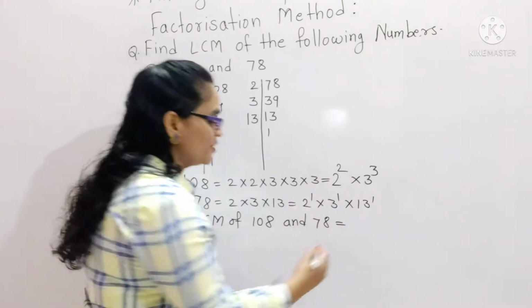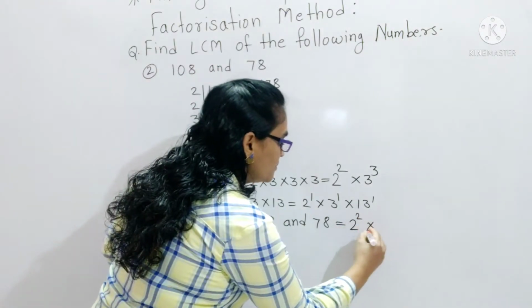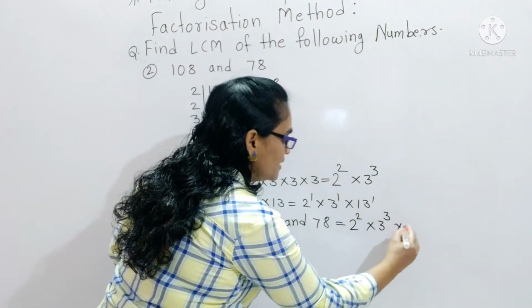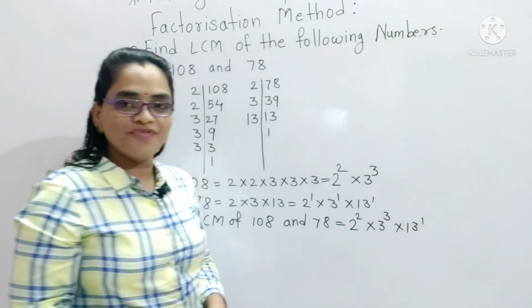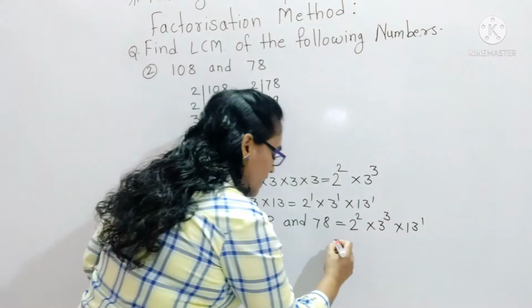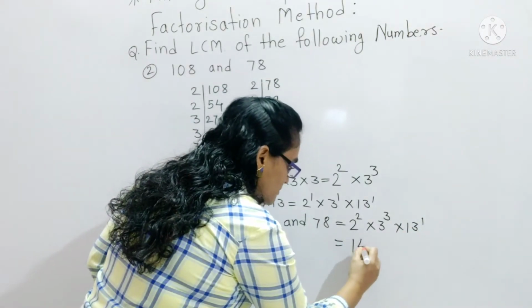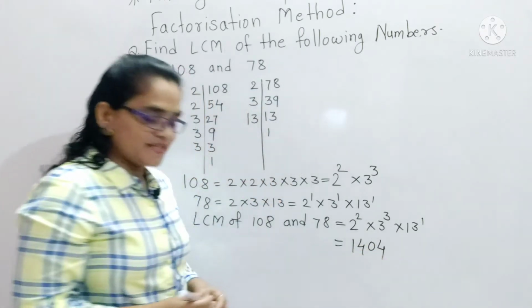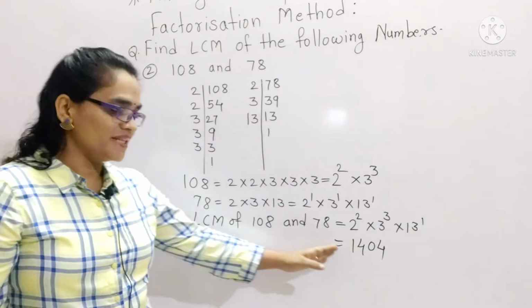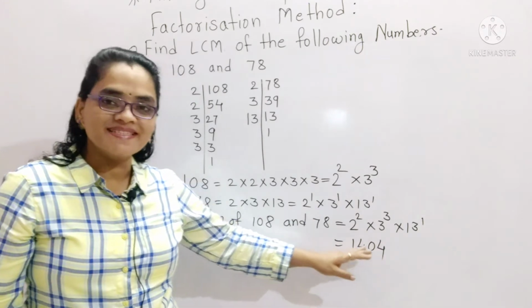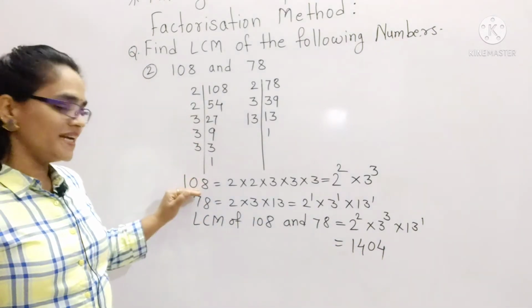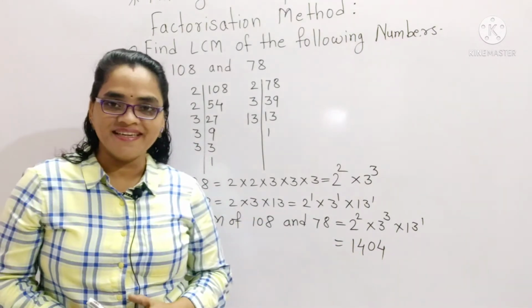Yes, 2 raised to 2 into 3 raised to 3 into 13 raised to 1, and multiplying, we are getting the answer 1404. 1404 is LCM of 108 and 78.